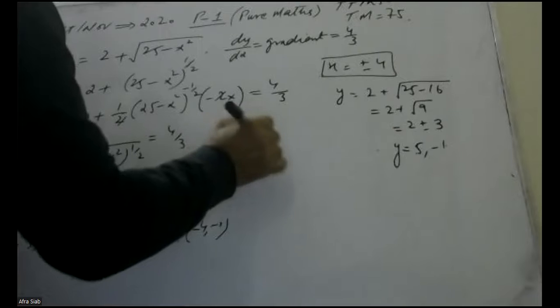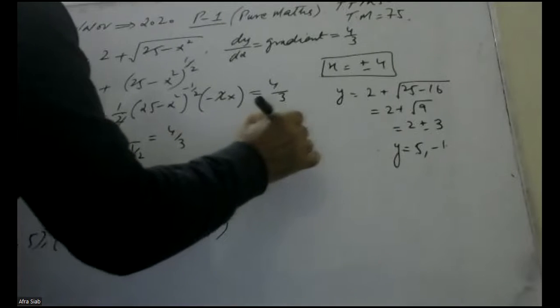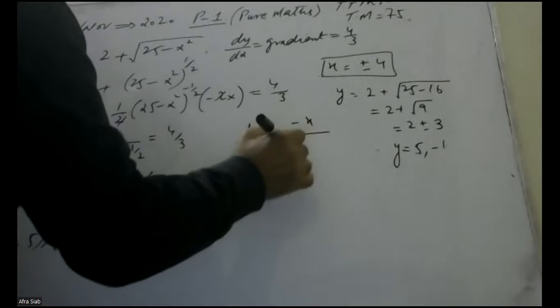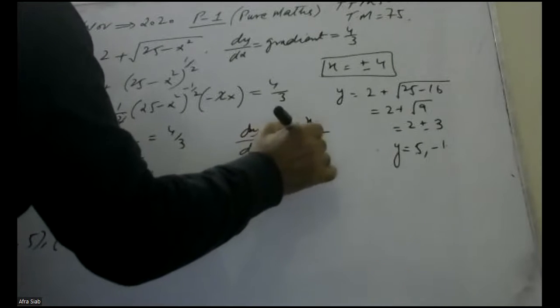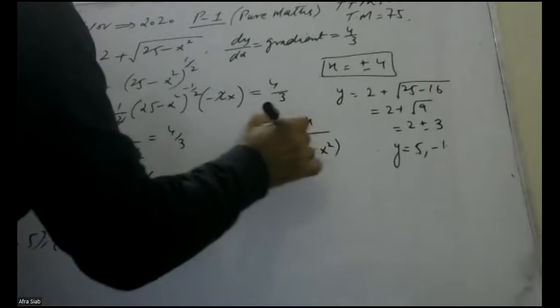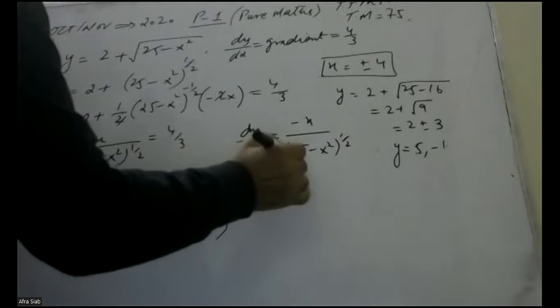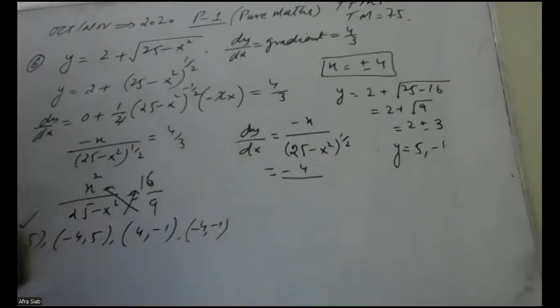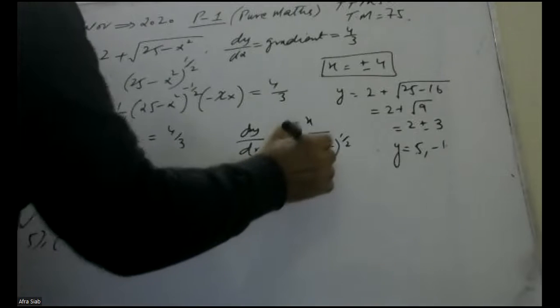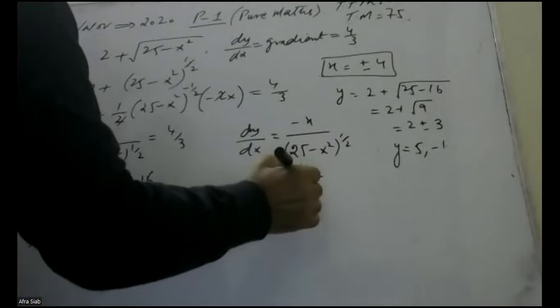So dy by dx, as it is equal to minus x over 25 minus x square power half. If you put this point, it should be equal to minus 4 over 25 minus 16. That is equal to 9, square root is 3.